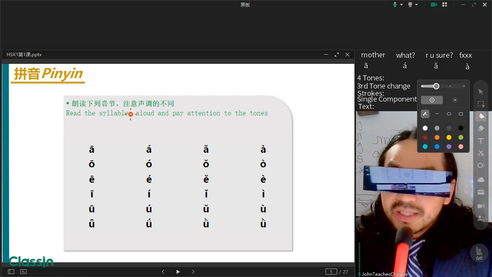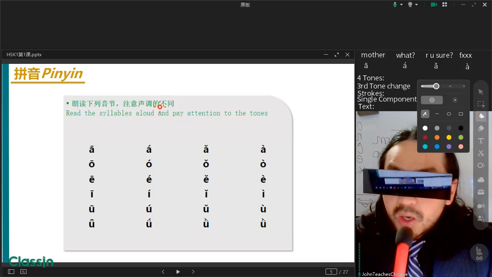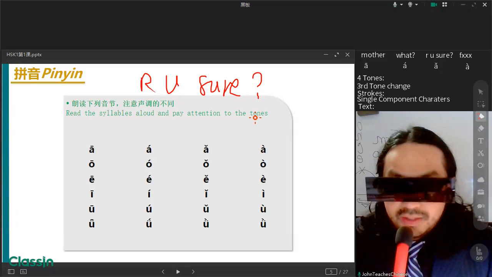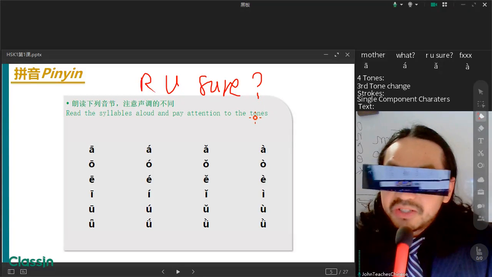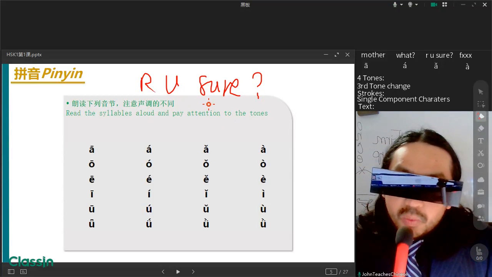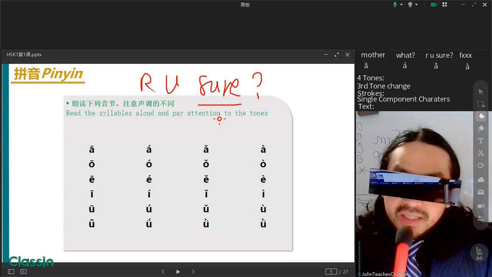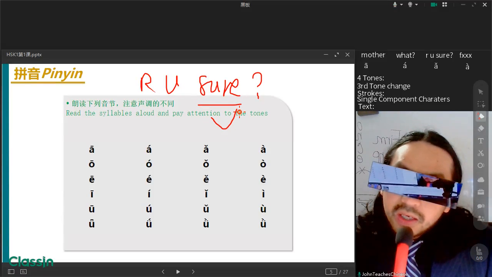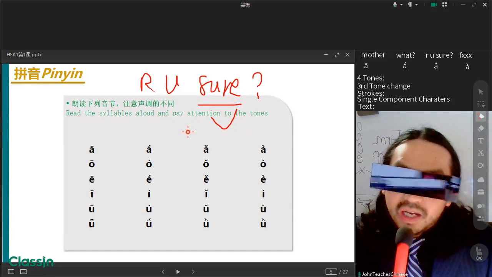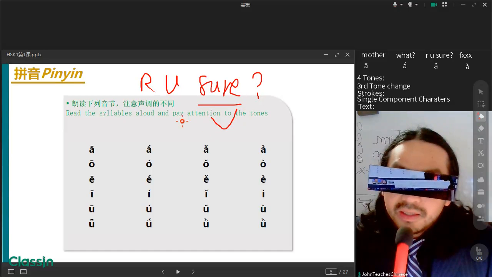And the waiter says, "Are you sure? Are you sure? Are you sure?" Okay, this is maybe a British way of saying this. When this British guy says sure, can you notice that he's not saying it in a flat way?